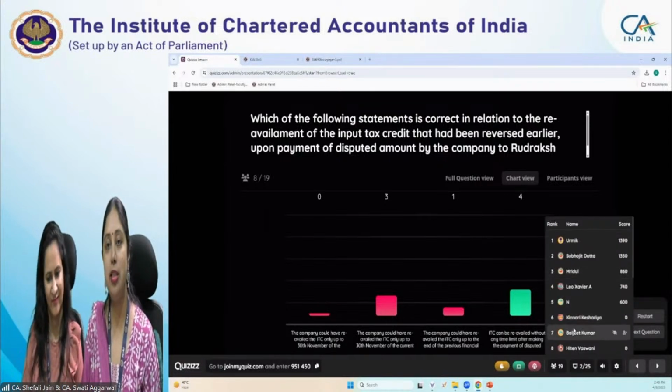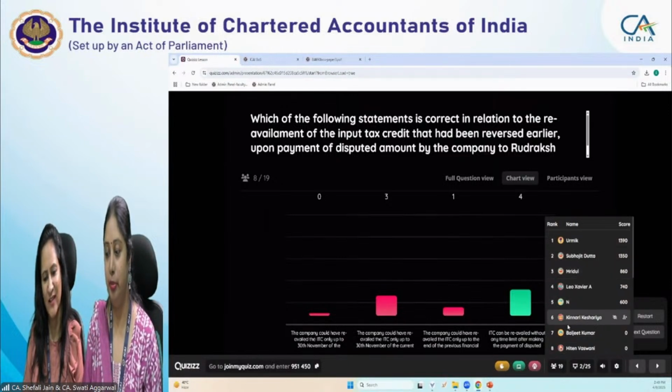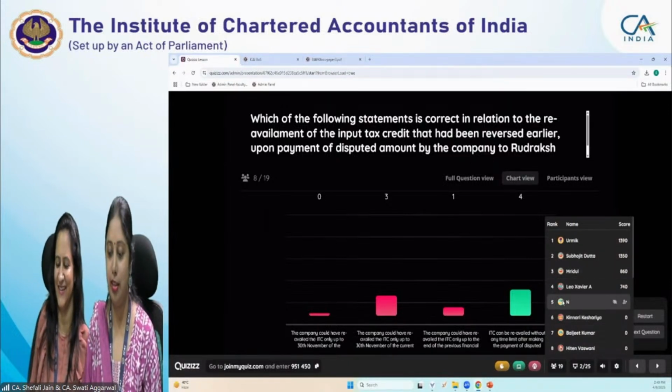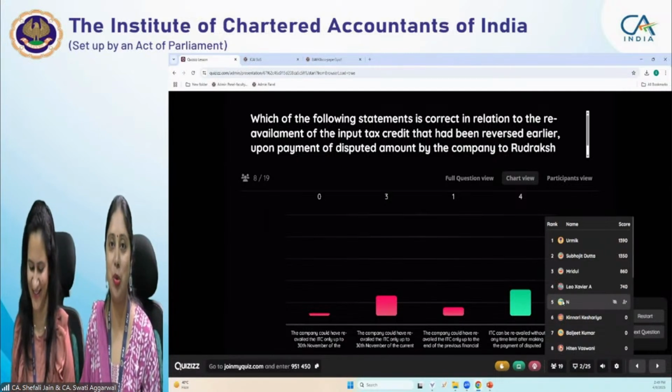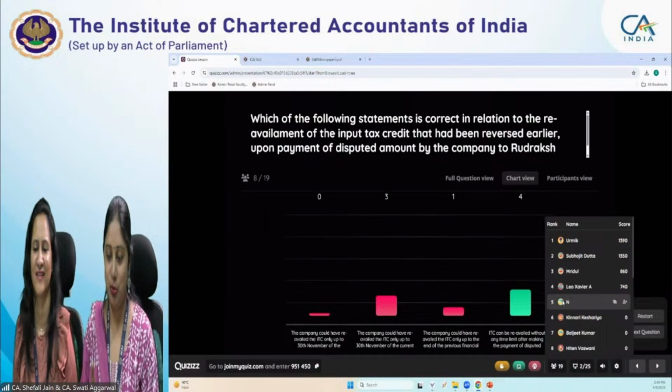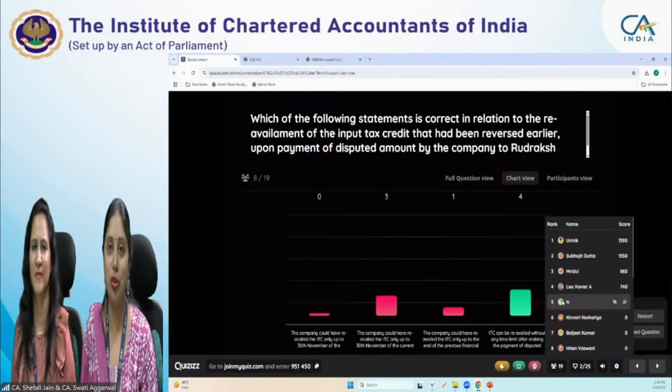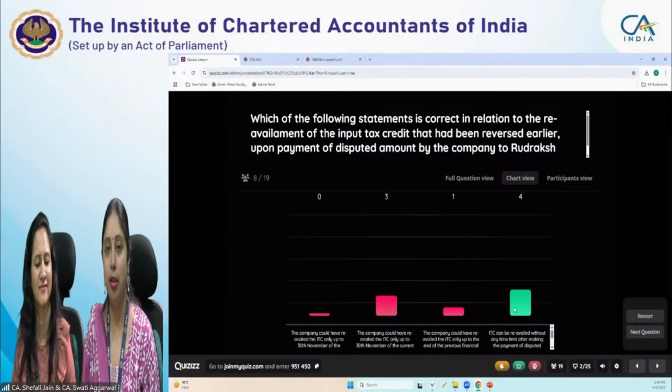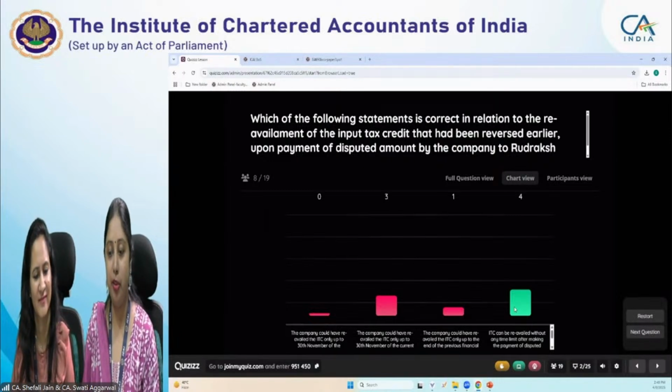So Urmik is again on the top, then Shobhaji Datta, Mridul, Leo, and then we have N. So, Mr. N, you can let us know your name also, because as we said, you should appear on this portal with your full name so that we can also get connected with you. Now, the correct answer was option D, and that was marked by 4 students out of a total of 8 students.